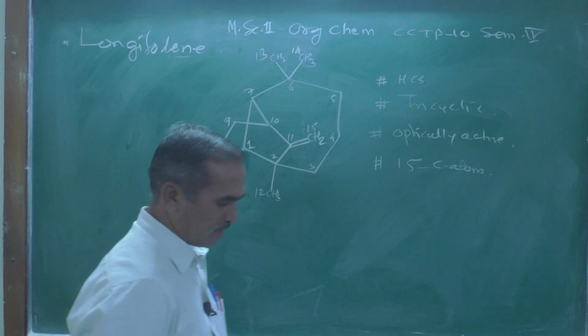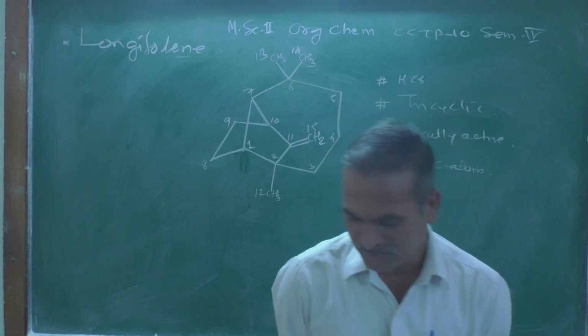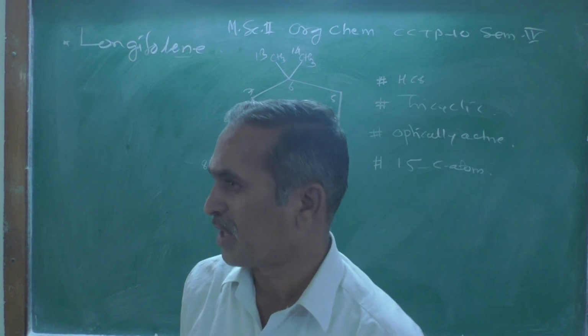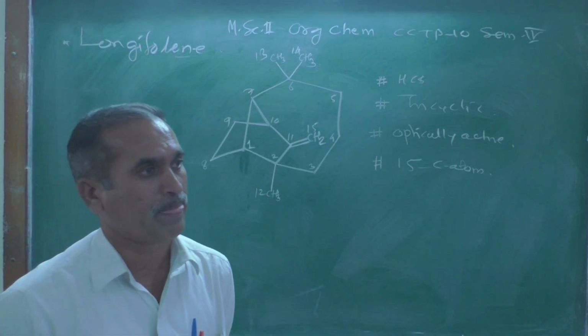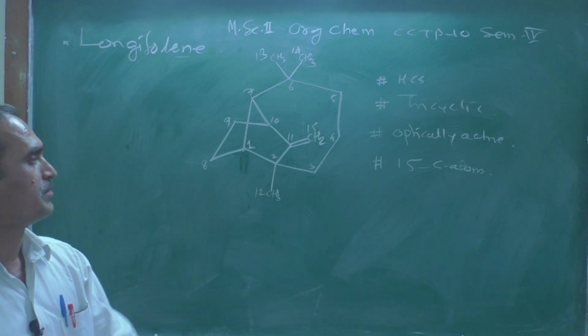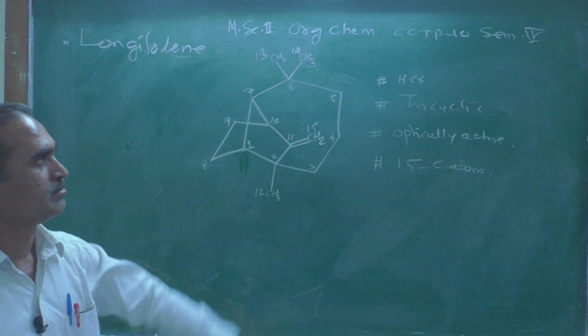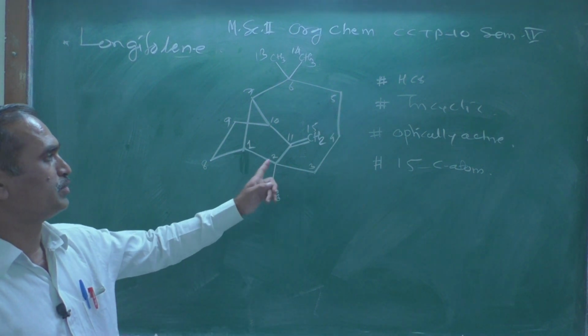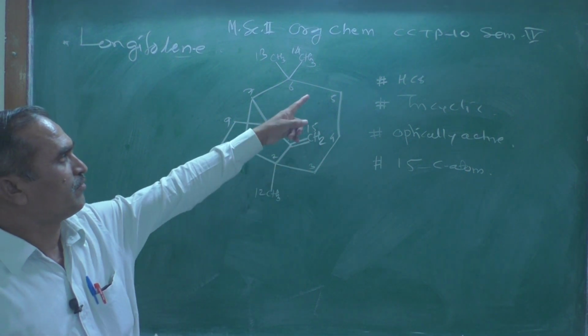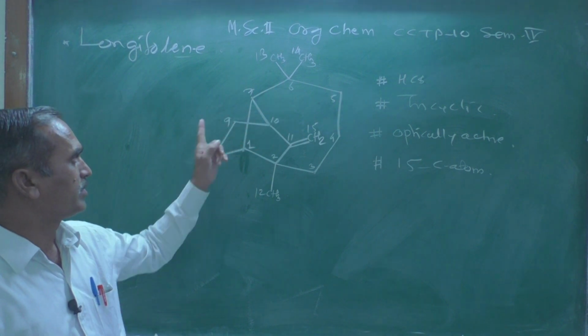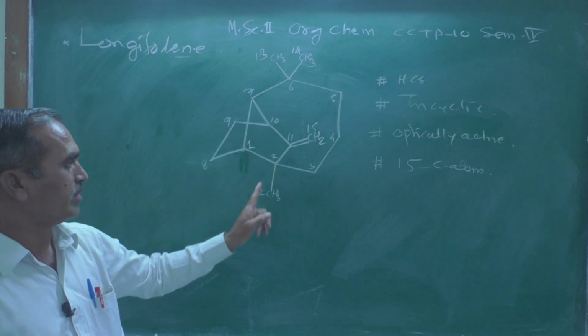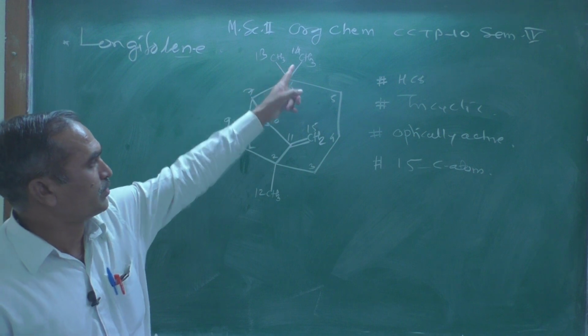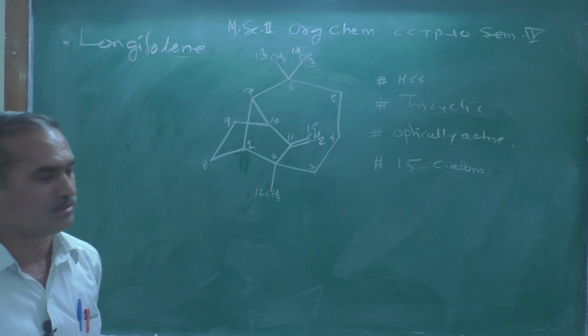So there are 15 carbon atoms present in this compound, and they are numbered like this: 1, 2, 3, 4, 5, 6, 7, 8, 9, 10, 11, 12, 13, 14, and 15.